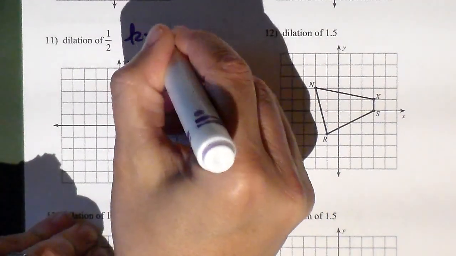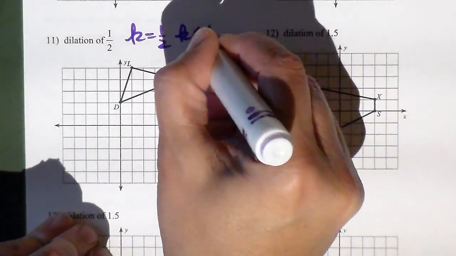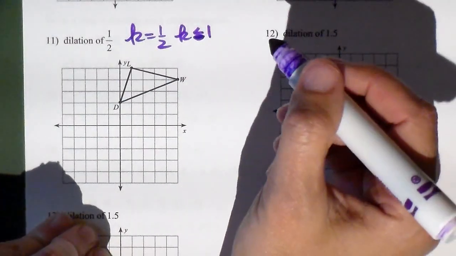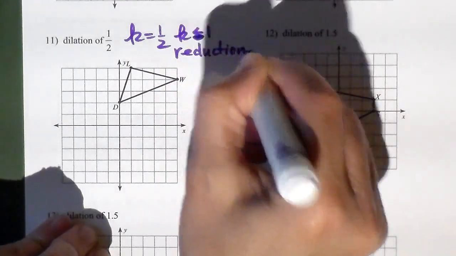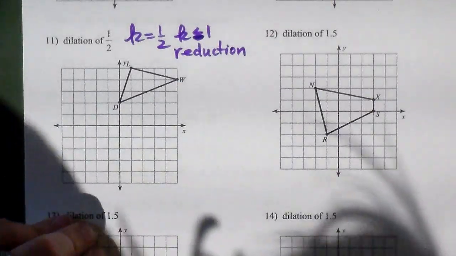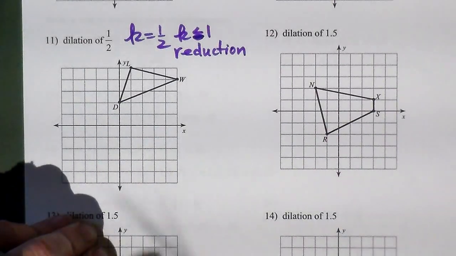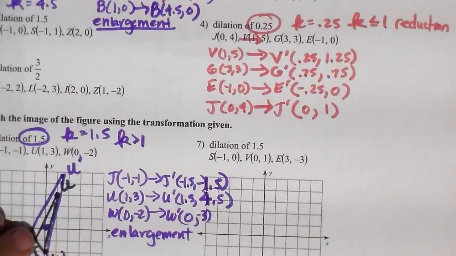So K is 1/2. Since K is less than 1, then we have a reduction. Okay, I got to make sure I didn't write equals to on the other one. Let me go back and correct that here.